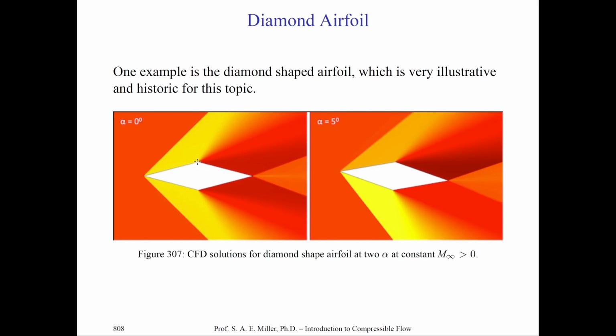Let's take the exact same supersonic Mach number and allow it to go over the airfoil, but now we angle the airfoil at none other than 5 degrees. So alpha, the angle of attack, is now 5 degrees with respect to the incoming flow. You'll now immediately notice that we have indeed almost exactly the same flow pattern, but it's no longer symmetric about the chord.